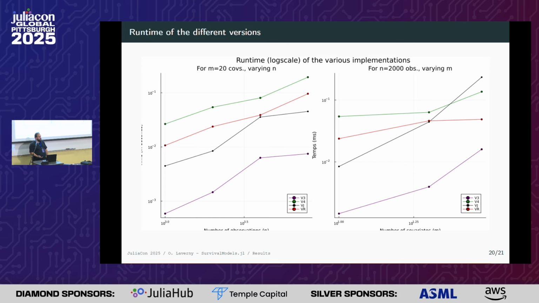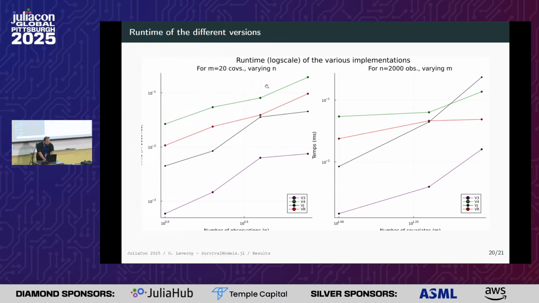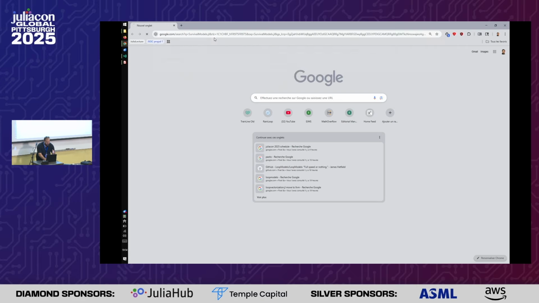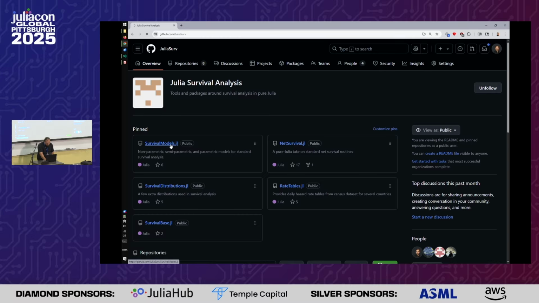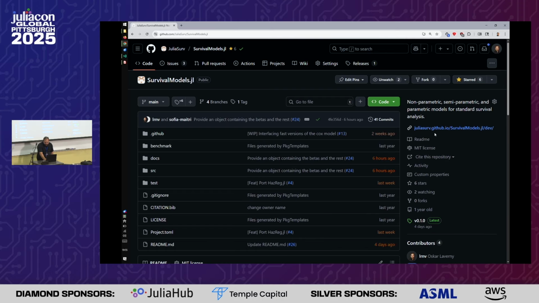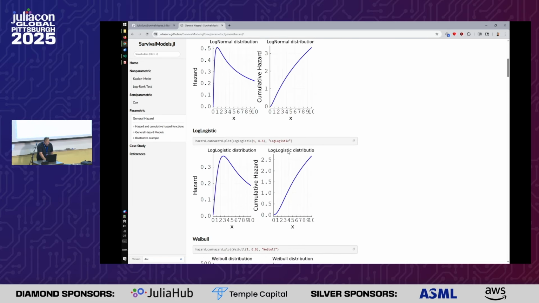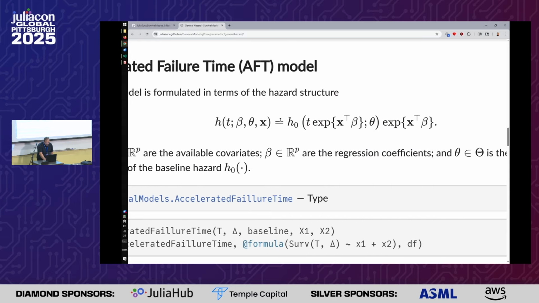Do you have your eyes on any other models that you want to make go brrr? Yeah. If we just go to SurvivalModels.jl, I don't even find it. It should be here. There is this thing called general hazard that basically has a hazard structure like that.